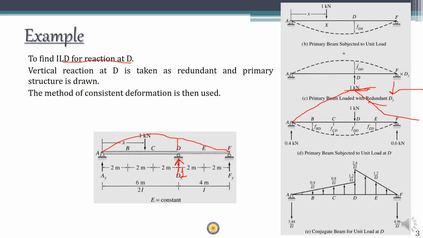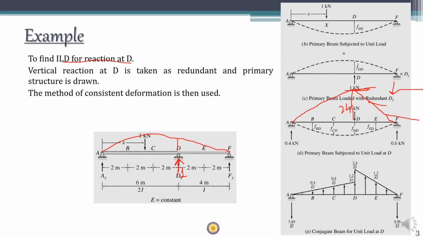When unit load is applied, the reactions would be 0.4 at E and 0.6 at F, which means that the bending moment value at the center is going to be 0.4 multiplied by 6, which is 2.4. So this is the moment diagram for the real beam. It's a triangle with a peak of 2.4.